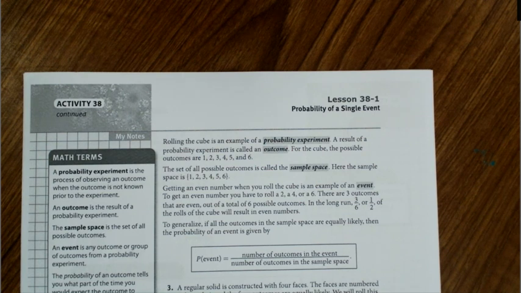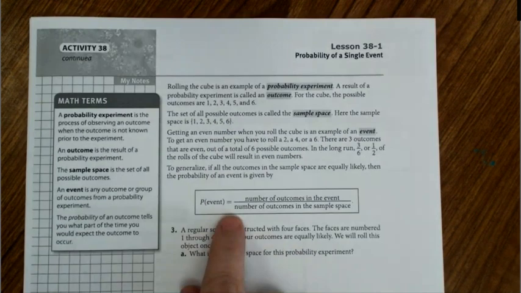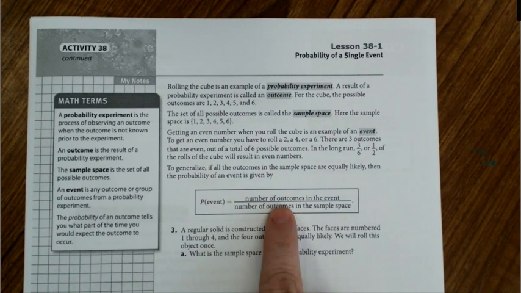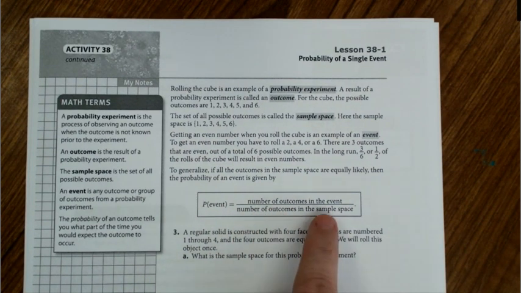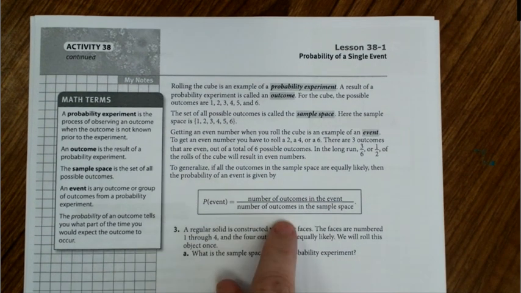To generalize, if all the outcomes of the sample space are equally likely, then the probability of an event is given by this formula. Probability of event equals the number of outcomes of the event over the number of outcomes in the sample space, so the total.